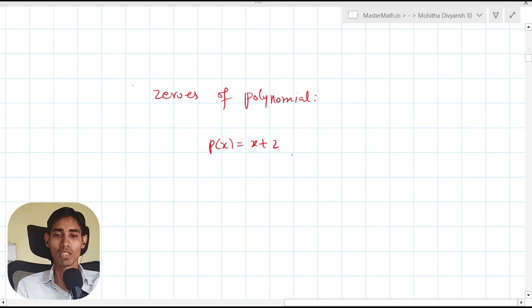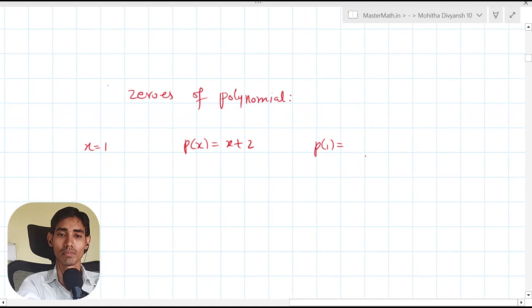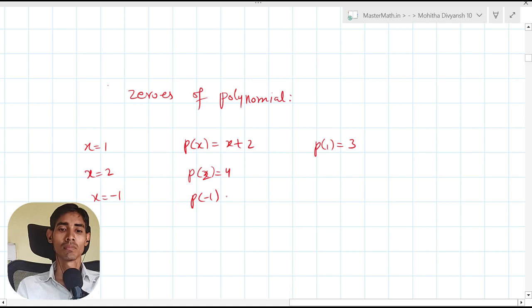Now, if we have x as 1, what is the value of this polynomial? 3. For 2? 4. And for minus 1? 1. And for minus 2? 0.